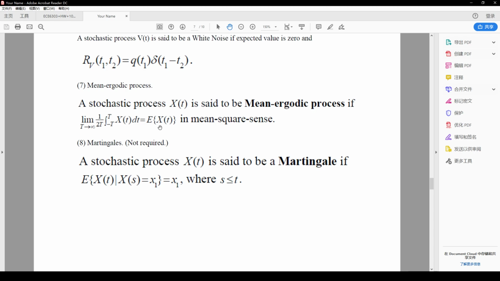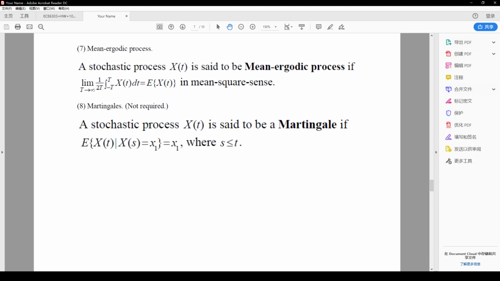And if the mean is constant, then we need to figure out the autocorrelation and the autocovariance, and check them by the sufficient condition. So we can decide whether the process is mean ergodic. So the basic part is the mean value: the expected value has to be a constant. Okay, that's it.